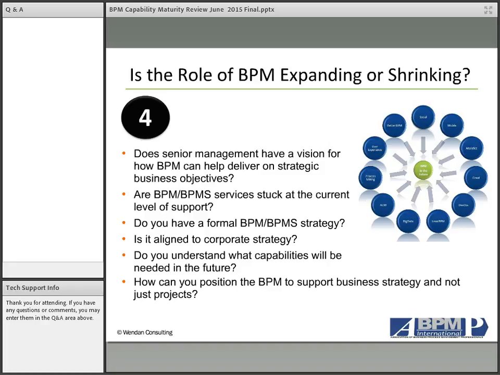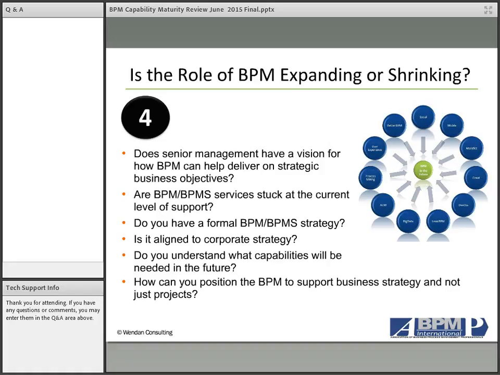When you layer that in, you can now say, what are the capabilities that I'll need at that point in time, and what are the competency levels within each of those capabilities. That will give you a target for some point in the future. Now, as we start to move forward, and we then start to look at the role of not IT, but the role of BPM in the organization.